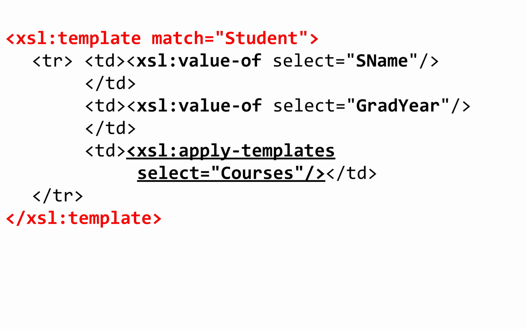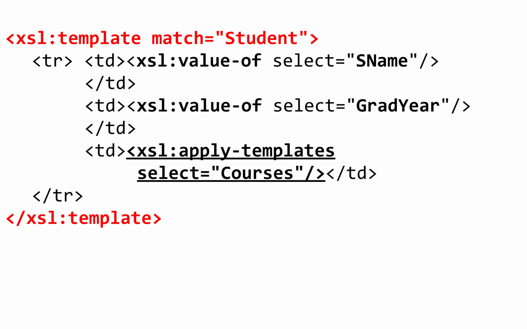Actually, that select equal courses is its own language, just like CSS is its own language and SQL is its own language. Inside of those quotation marks, that's its own language called XPath. It's a language that allows you to iterate or manipulate hierarchical documents, XML documents.